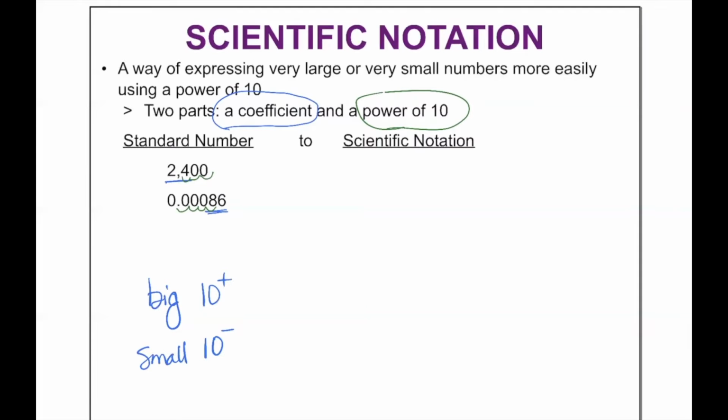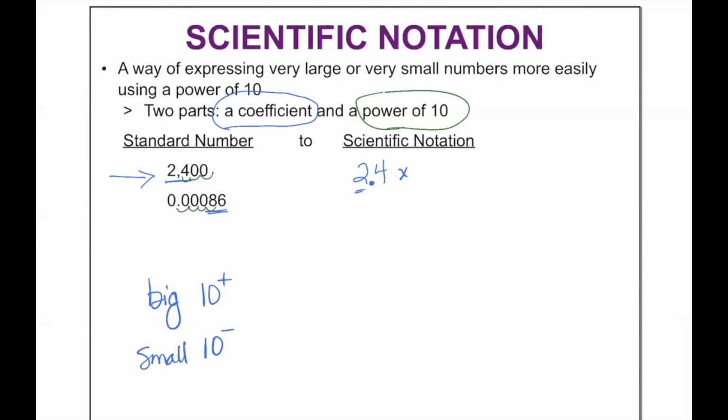Now, if we look at the coefficient for the first problem, we have a 2 and a 4. Proper scientific notation tells us that we have one digit before our decimal, so this is going to have to be 2.4. We don't include the zeros. We just have the 2 and the 4. Now we have to figure out the power of 10.